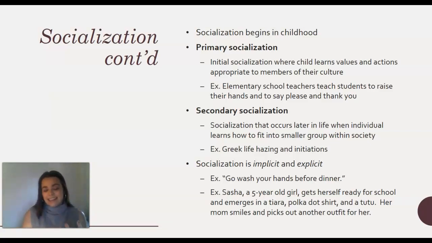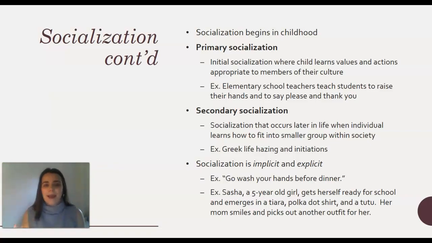In the second example, we have something that's a little bit more subtle, but is still nonetheless teaching and guiding this child about the norms and values of that society, right? So we have Sasha, who's a 5-year-old girl, gets herself ready for school and emerges maybe very proudly in a tiara, a polka dot shirt, and a tutu, okay?